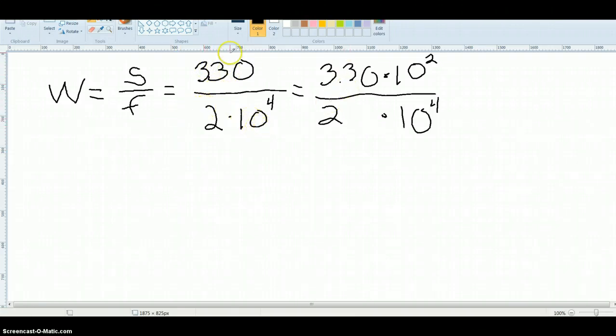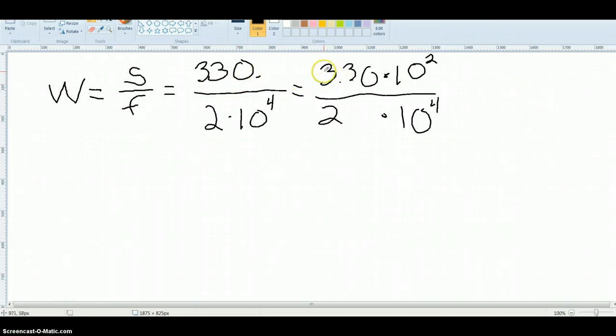So if we rewrite this numerator into scientific notation, it'll give us 3.30 times 10 squared. And we get that because the decimal point's over here. So if we're starting at 3.30, that means this decimal place has to move 2 times.